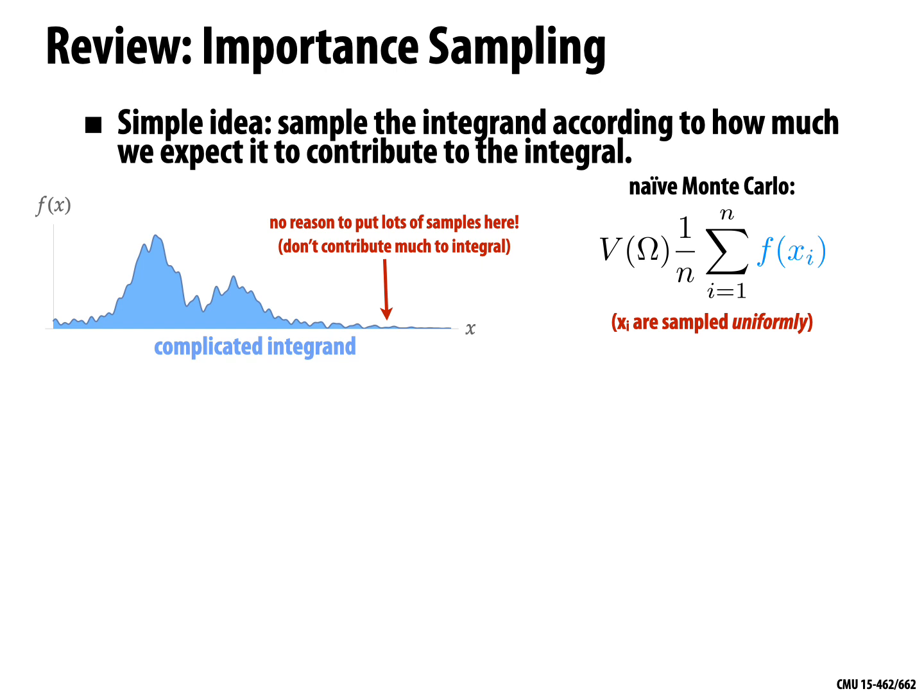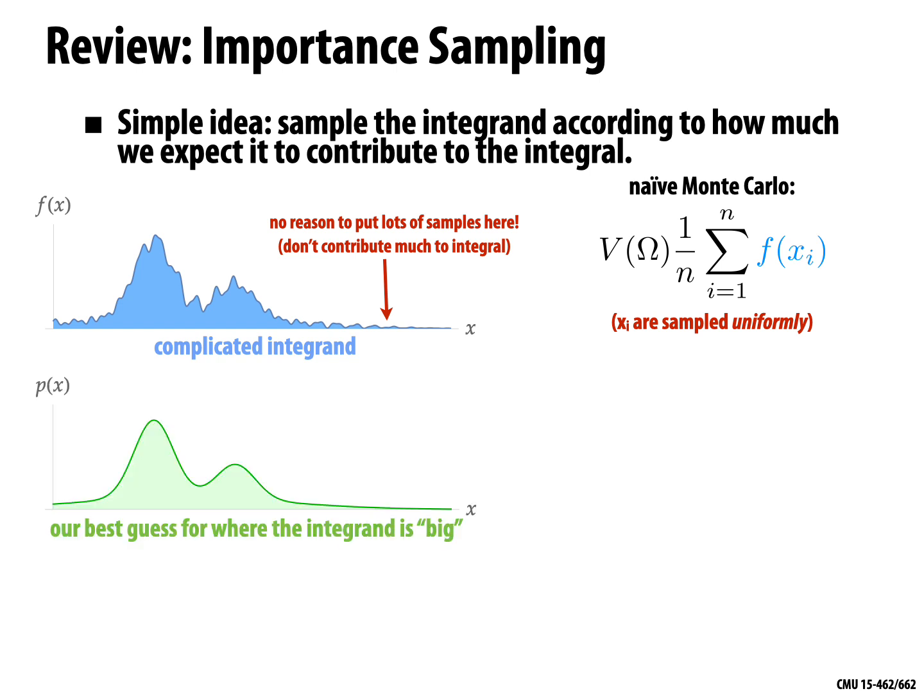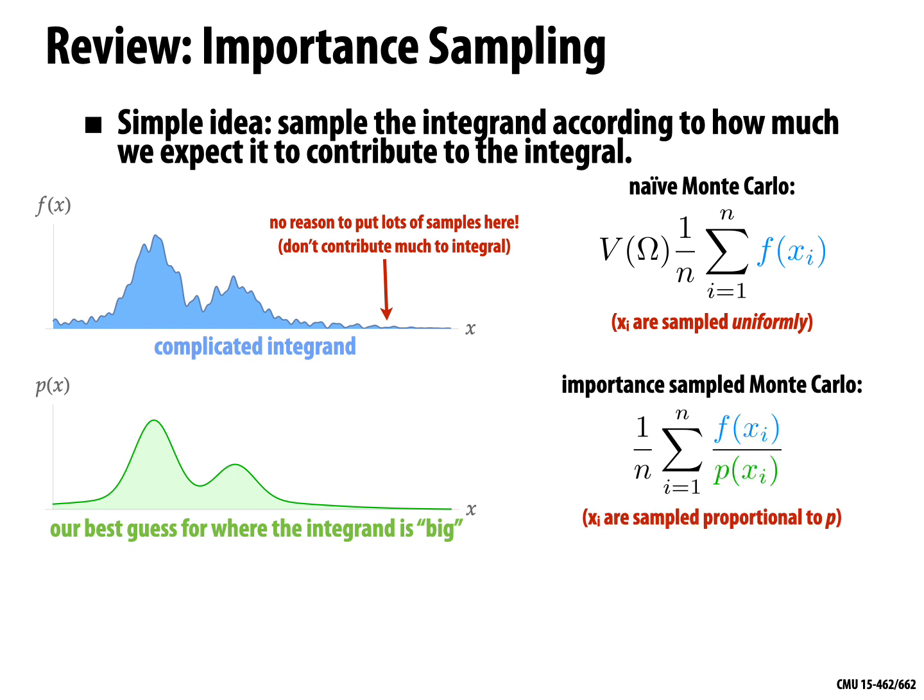So what we could do instead is we could say, well, maybe we don't know exactly what the integrand looks like, but we have a reasonable guess for where the integrand is big and where it's small. Let's call that function p. Okay, that's now a probability distribution different from the uniform distribution that we're going to sample from. And this gives us our importance sampled Monte Carlo estimate.